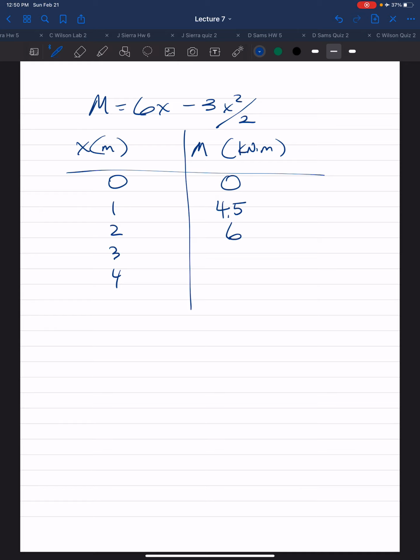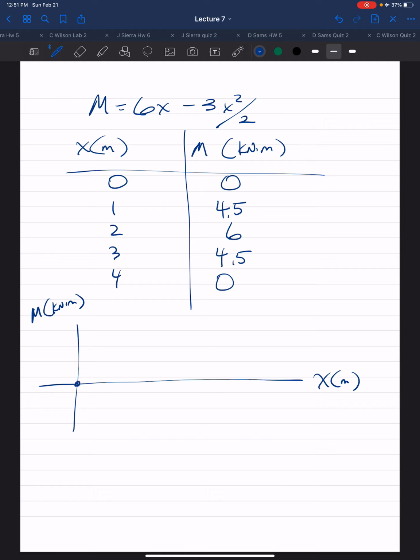When x equals 3, that's 9 times 3, 27 over 2. When x equals 4, m is 0. So then the curve here for the moment diagram, the m is in kilonewton meters, your x is in meters.